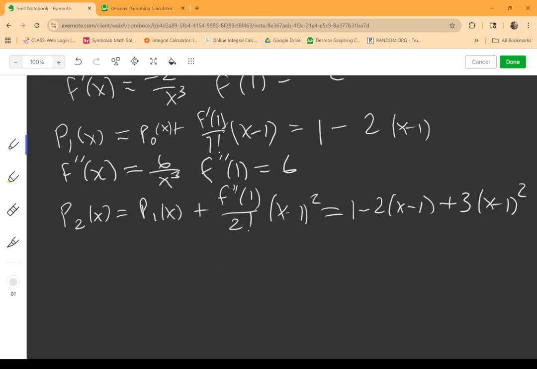And then our third polynomial, P3. So f triple prime of x gives me a negative. Sorry, I made a mistake here. The second derivative is 4; I forgot to subtract the 1, I forgot to apply the power rule here.